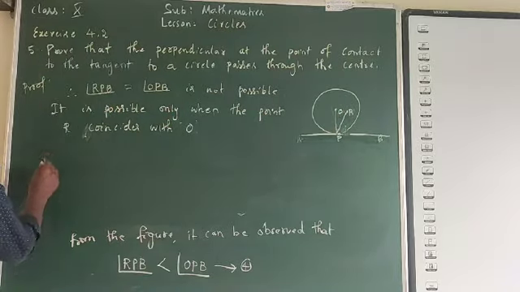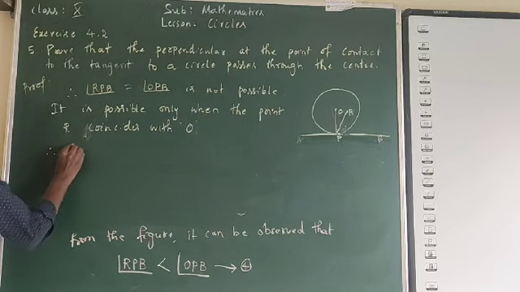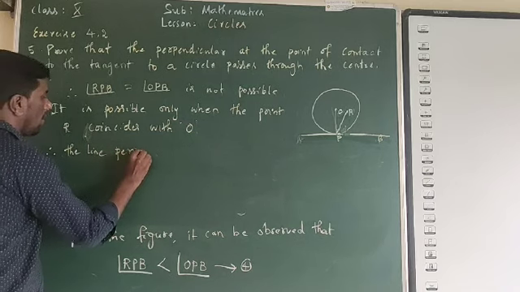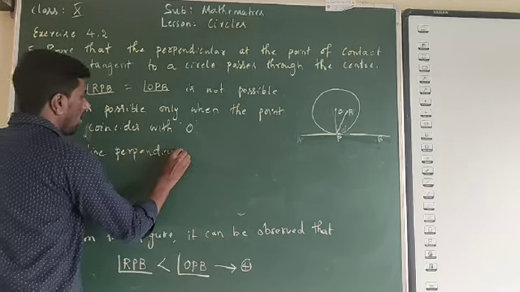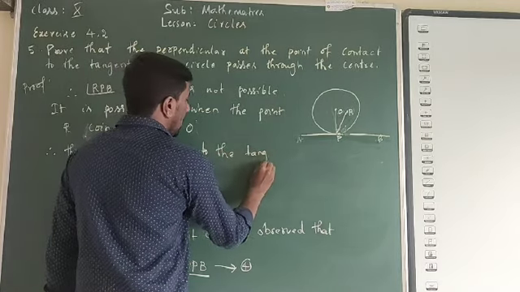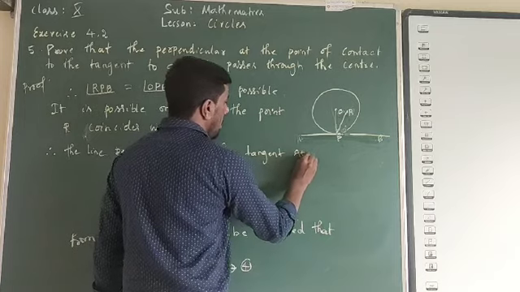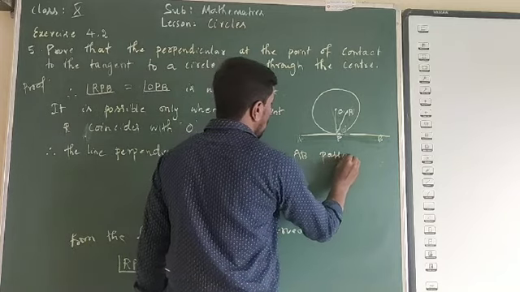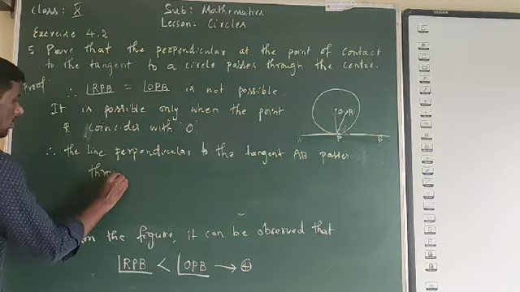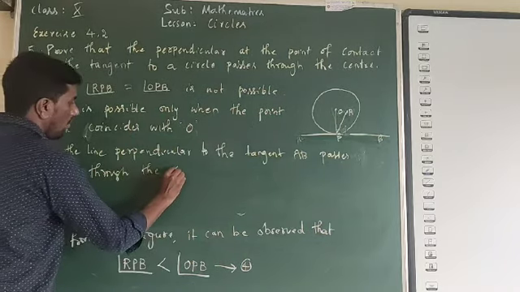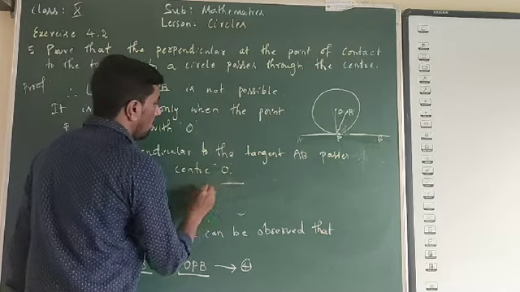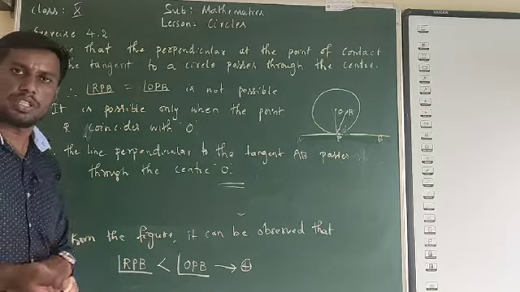Therefore, the line perpendicular to the tangent AB passes through the center O. That is correct, but our assumption is wrong.